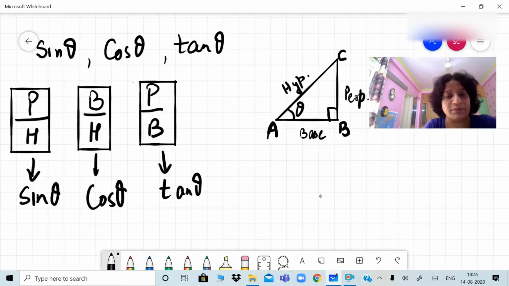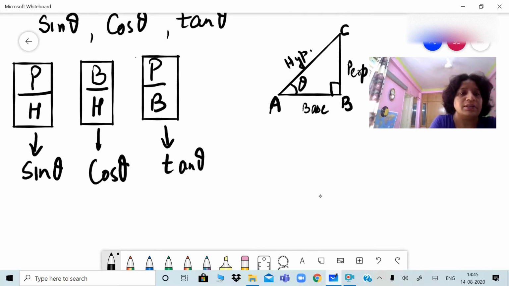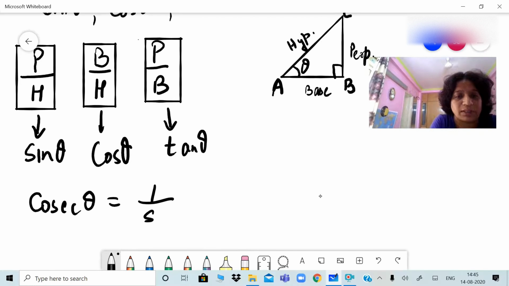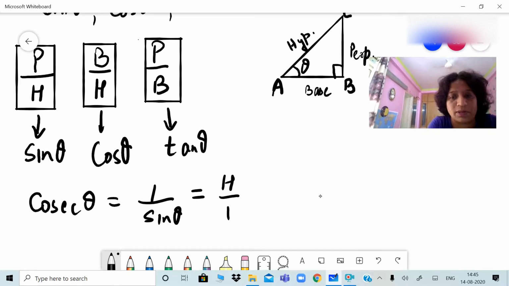Now after that we will have their reciprocals. The reciprocal of sine is cosecant of the angle. If sine is P by H, the reciprocal of P by H is H by P, means hypotenuse upon perpendicular.